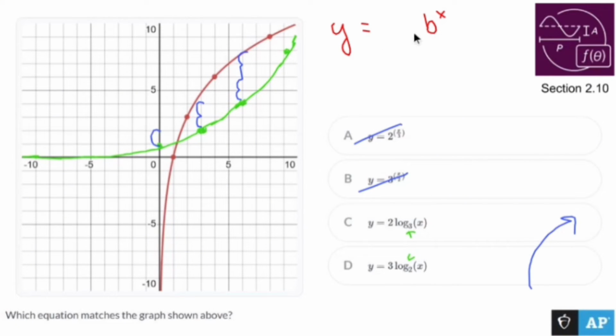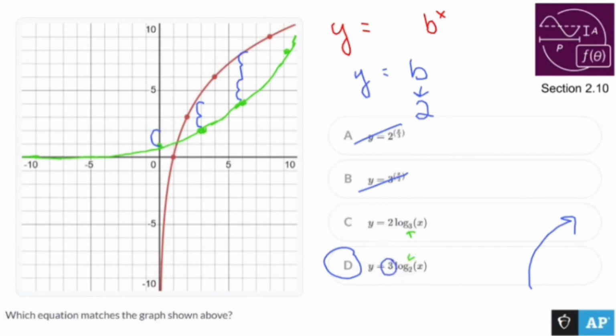So my base is 2, which means if I compare it back to the original version, D is going to be my answer. And you might be thinking, well, then what's that 3 stand for, sir?